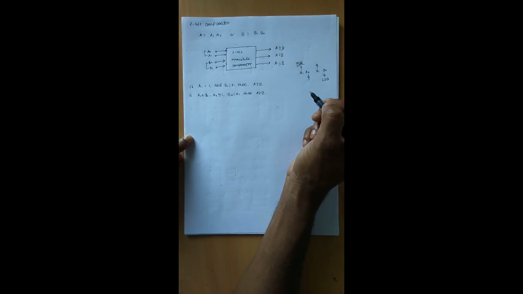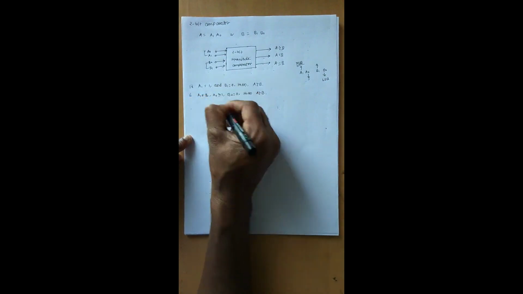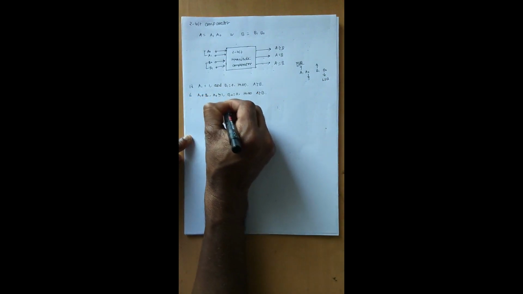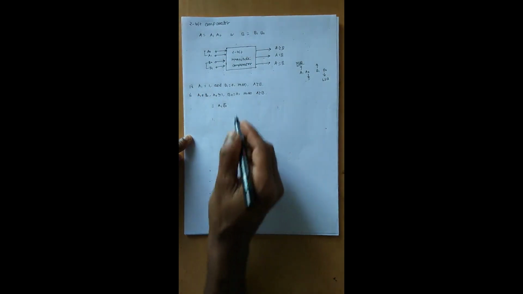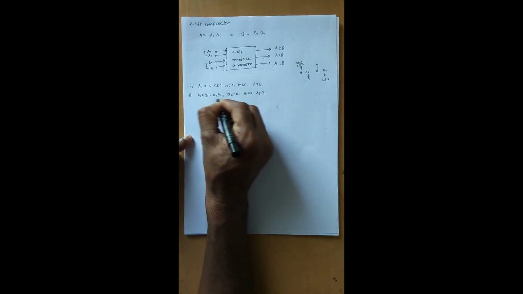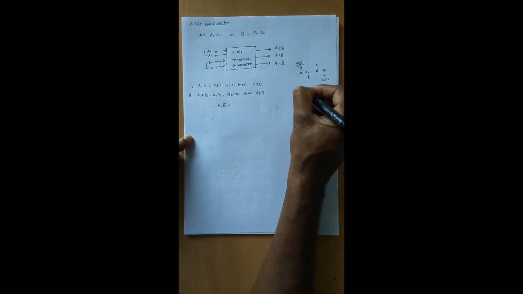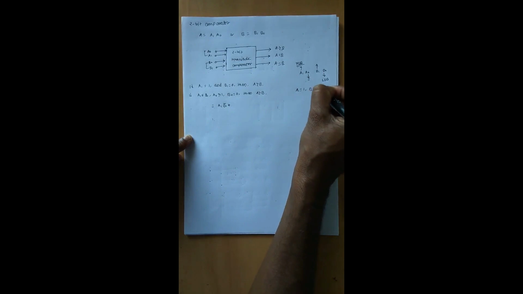So in which way can we represent this mathematically? A1 is 1 and B1 is 0, so A1 into B1 complement. This is for the first statement. Plus the next, what is the condition of A1 and B1? Both are equal. That means A1 is equal to 1 at the time B1 is also 1, and A1 is equal to 0 at the time B1 is also 0. If you observe carefully, this is again the exclusive NOR gate condition.